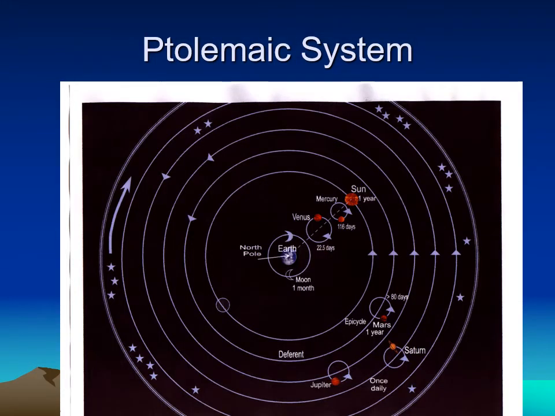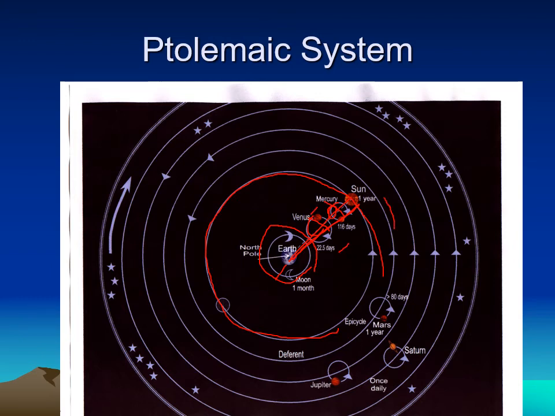He was trying to explain things, and he understood the arguments that Aristarchus had, but he discounted those. Instead, his idea was that Earth was the center of the universe, the center of the solar system. The moon went around, the sun went around, and Mercury and Venus went around little epicycles on a line fixed between the Earth and the sun. So that means they were sometimes to the left of the sun, sometimes to the right of the sun.